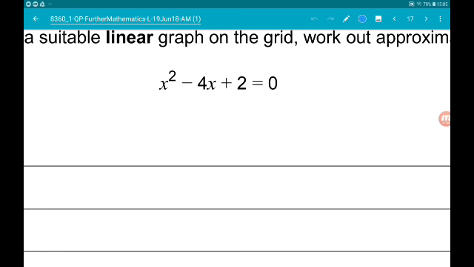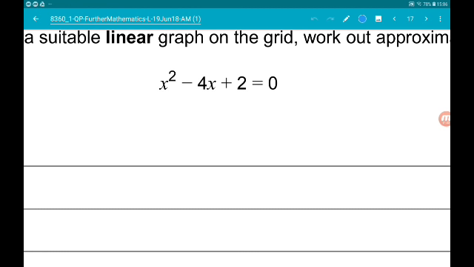The reason for doing this is that we're thinking simultaneous equations here and graphically, so solutions to simultaneous equations are at the point or points where lines and curves meet.